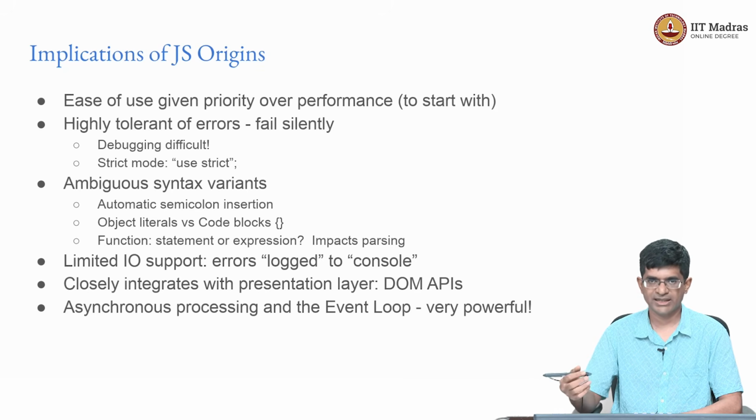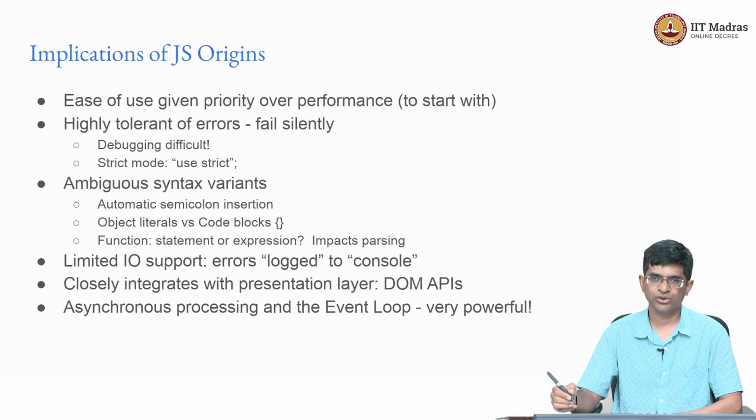So unlike a language like C, which is very clear that you have to put in a semicolon after every statement, or a language like Python, which says that semicolons are irrelevant, they are not even part of the language. If you put them at all, they will just terminate a statement, but you cannot separate statements just using the semicolon. You need the indentation, right?